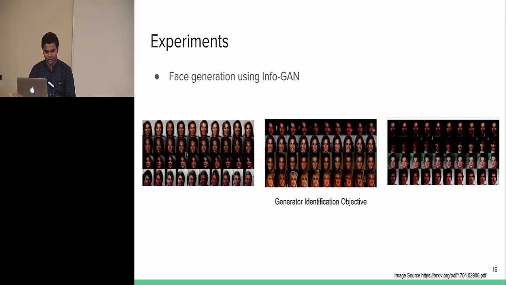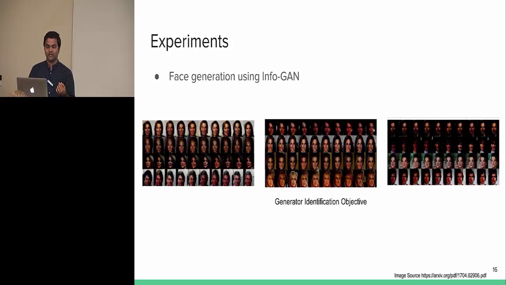And the next 3 rows represent the images that are generated by the generators. One thing they have observed is that for the first generator, when we use different codes, there is variation in terms of facial expressions.